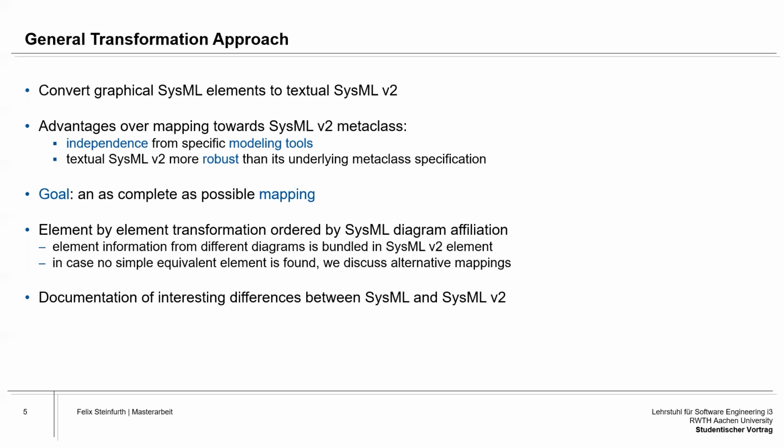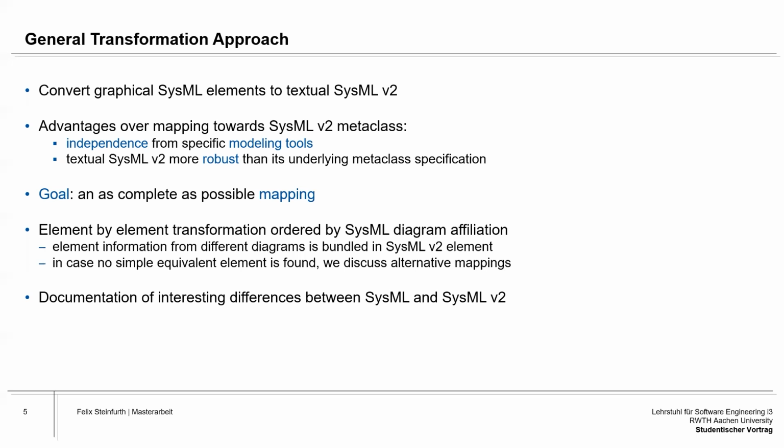The goal of our thesis is to provide an as complete as possible mapping, and we do so by making an element by element transformation ordered by the SysML diagram affiliation.